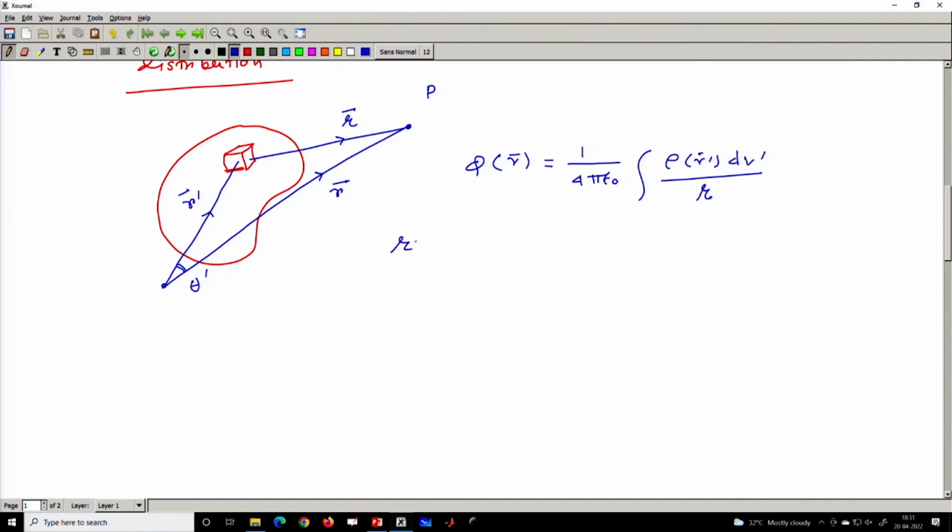Now this vector curly r is vector r minus r prime.